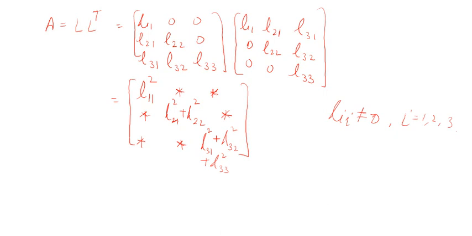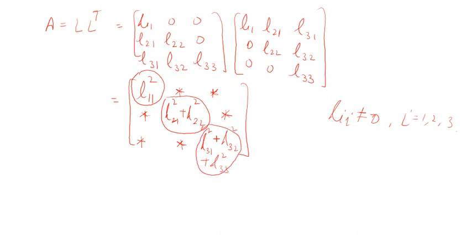So L11 square is always strictly greater than 0. L21 may be 0, may not be 0, but L22 is non-zero, so L22 square is greater than 0. So the second diagonal entry is also strictly greater than 0, and similarly the third diagonal entry is also greater than 0.